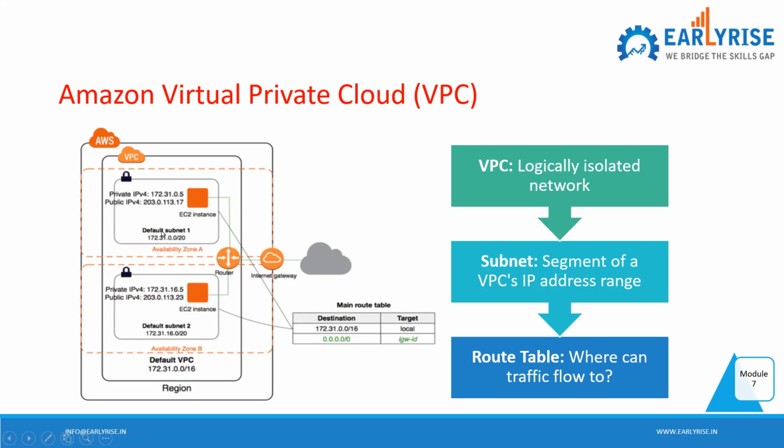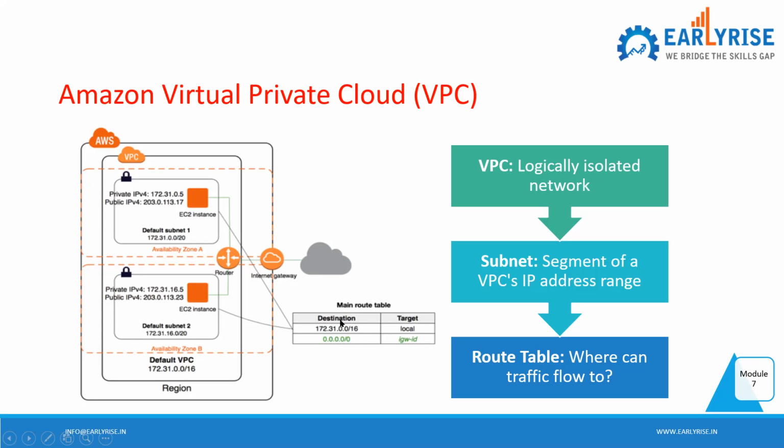Now there will be a subnet route table. A route table will be associated with the subnet, right? Now you see here the internet gateway, so there can be an internet gateway route table. Destination, target. Destination means what? Tell me.